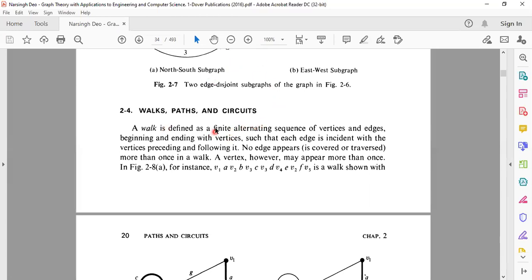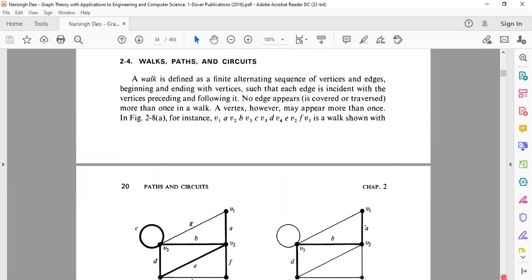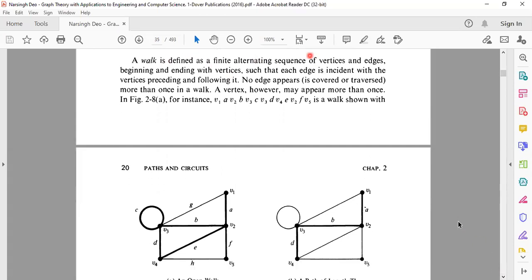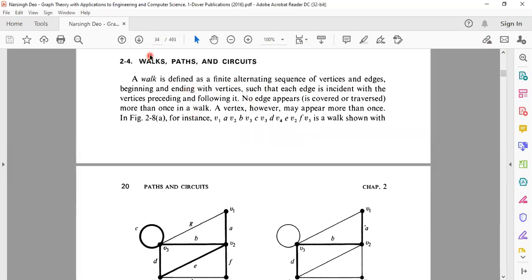So skipping them, I'm going to come to this particular section, which is called walks, paths, and circuits. Now, let us consider this figure, which is given over here. Three concepts play an important role in the study of graph theory. One is called walk, one is called path, and one is called circuit.